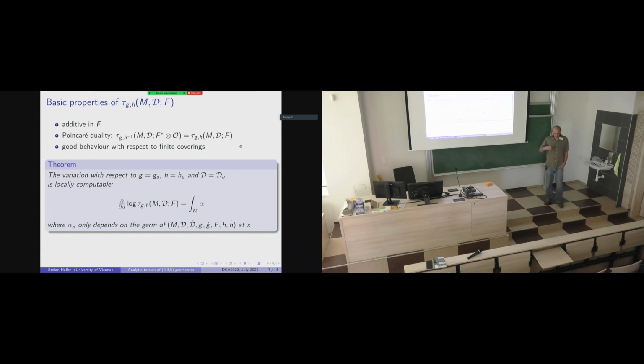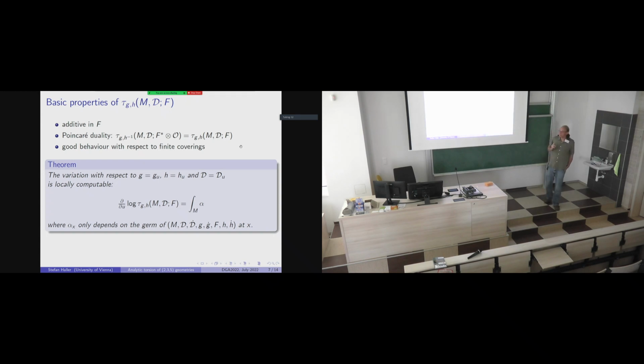And we can show that the infinitesimal variation of this analytic torsion with respect to the metric can be computed locally, in the sense that from the local geometric data, you can produce a density, and if you integrate the density, then you get the infinitesimal variation with respect to the metric. The same is true for infinitesimal variation with respect to the Hermitian metric on the flat bundle we had to pick.